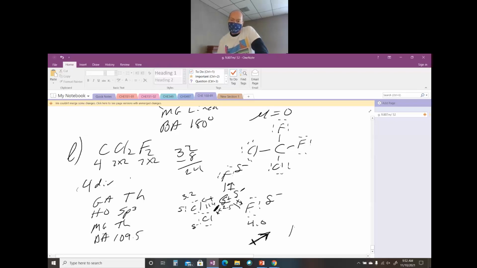So this is a polar molecule. If this was CCl4, it would be nonpolar. If it was CF4, it would be nonpolar. But with a mixture of chlorines and fluorines, it is not completely symmetrical, because fluorine pulls out more electron density than a carbon-chlorine bond would.